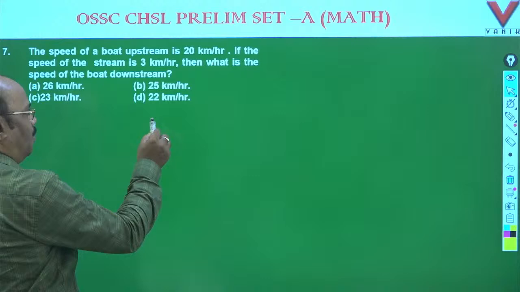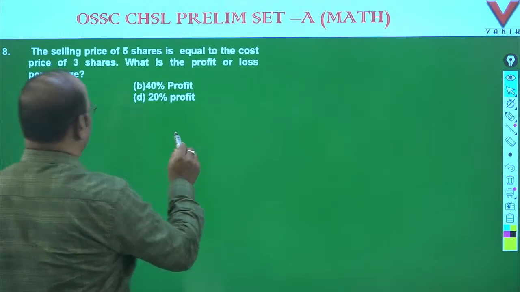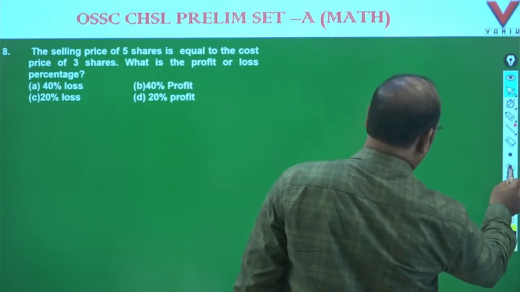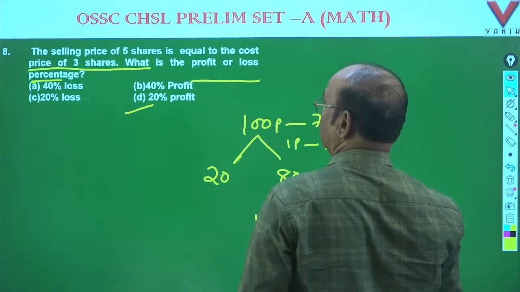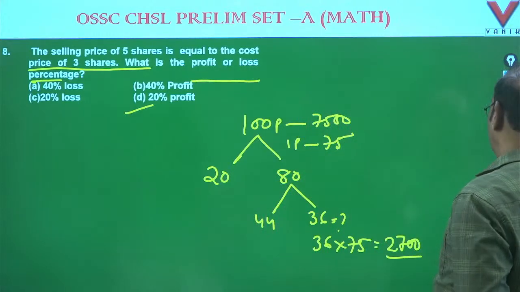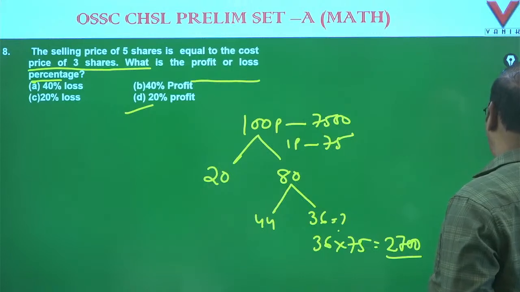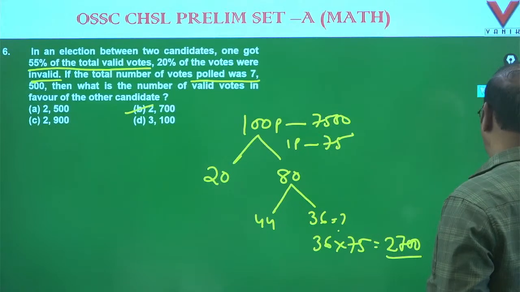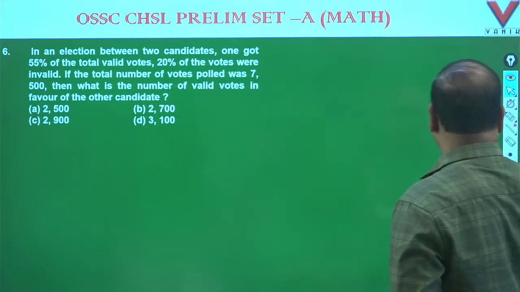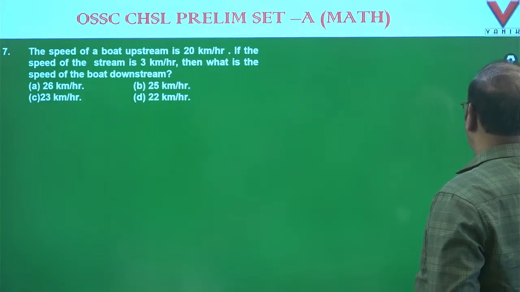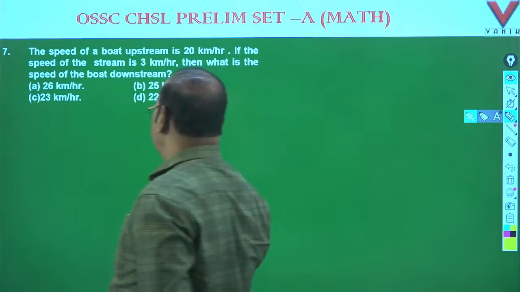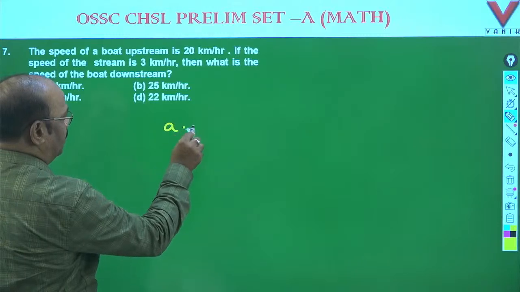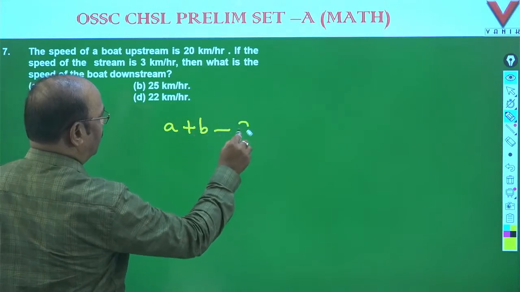We know the speed of the boat and the speed of the river. Suppose the speed of the boat is A and the speed of the river is B.